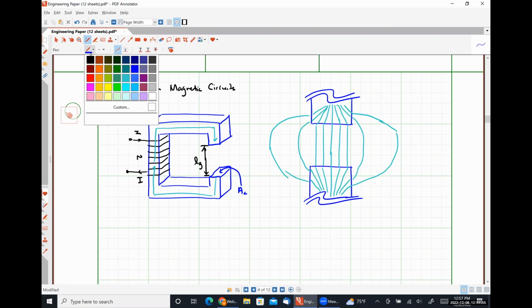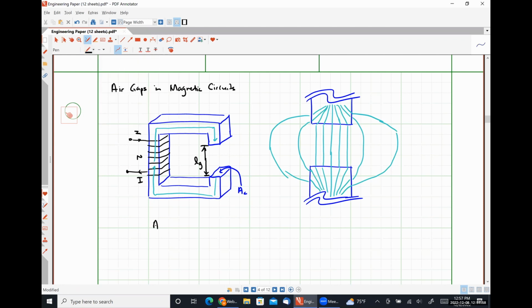So what we are going to do is we are going to consider that the area of the air gap will be the thickness of our core plus the length of the air gap, times the width of our core plus the length of the air gap. And now we can consider our air gap as just another reluctance in the flux path. Okay, so we're going to see that our air gap contributes some reluctance R sub G that is in series with whatever reluctance the core has.